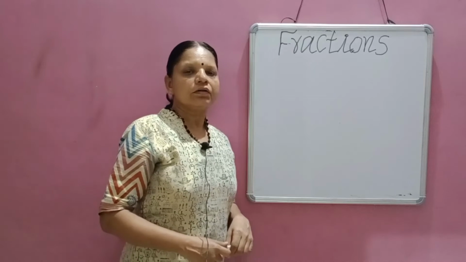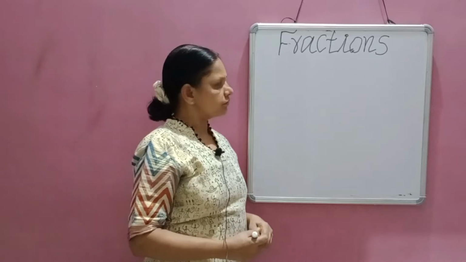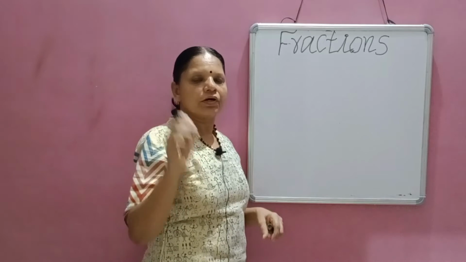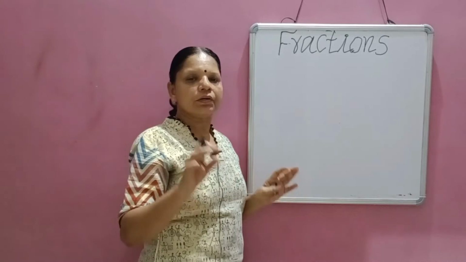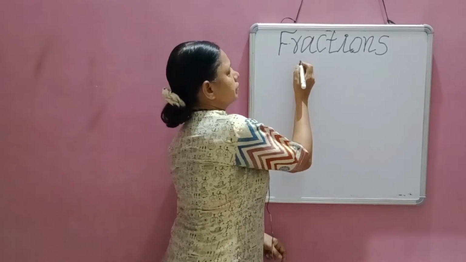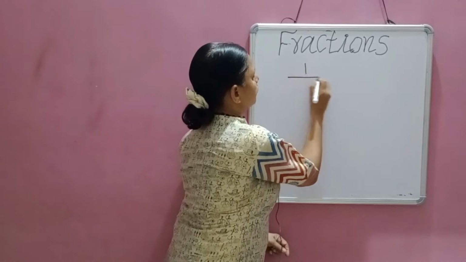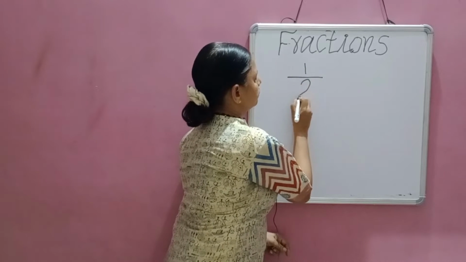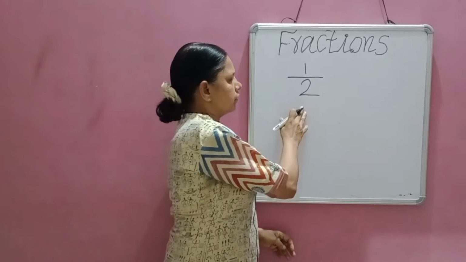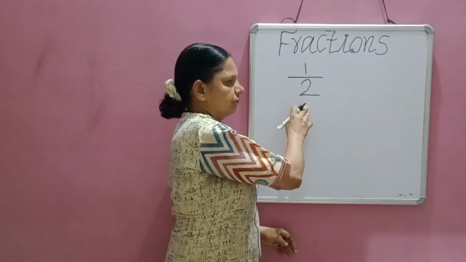So what each one will get, that is the piece of one. What piece of one? How many parts it is divided? That number is represented as 1, put a line, and 2. This part of the chocolate each of you getting.